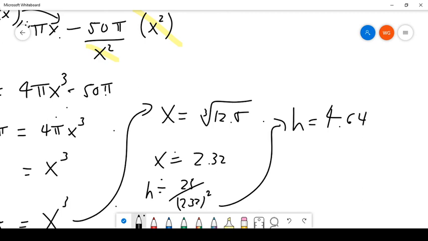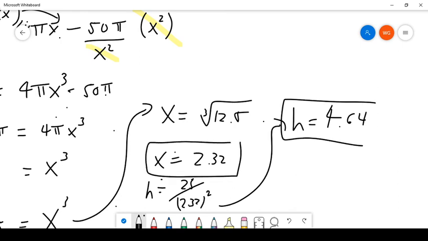Okay, and then if we just remember what the question said, find the dimensions. Well, the dimensions, therefore, according to our work, are a radius of 2.32 and a height of 4.64. And those are the dimensions of the cylinder that will minimize cost given a set volume.